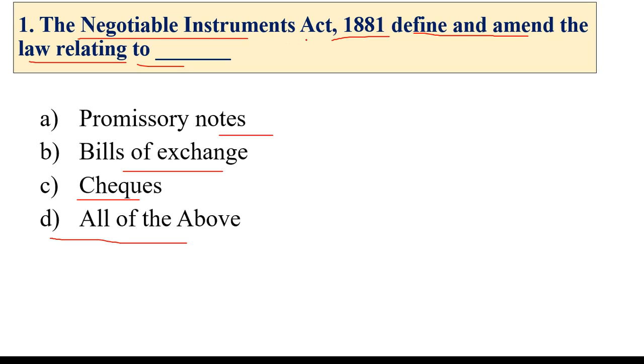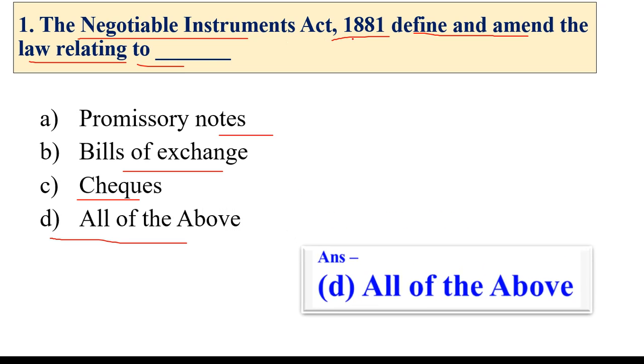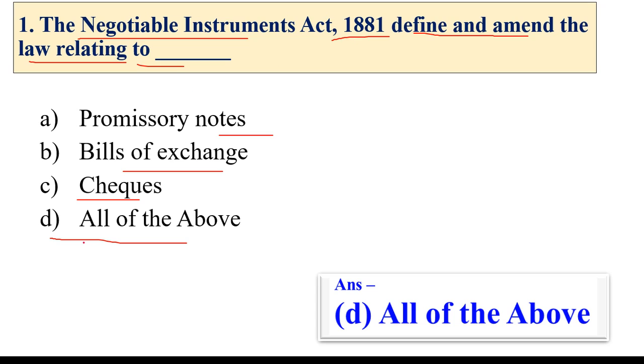So the Negotiable Instrument Act 1881 defines and amends the rules relating to which instrument? Is it promissory note, bill of exchange, or check, or all three options? So let's see the correct answer. The correct answer is option D, all of the above.